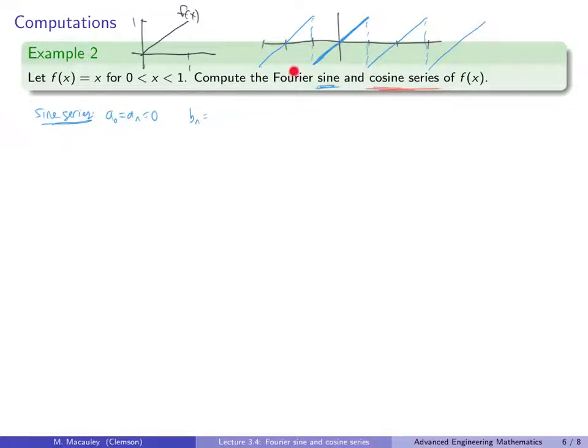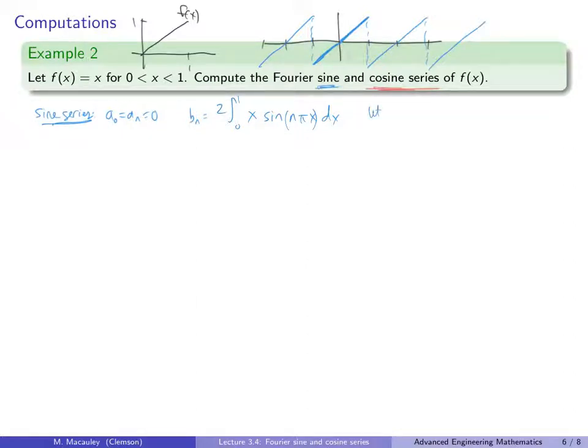Okay, so here, b n is the Fourier series of this guy. So it is 2 over L, so 2 over 1 times the integral from 0 to 1 of f of x, which is x, times sine of n pi x dx. Okay, so this is integration by parts.